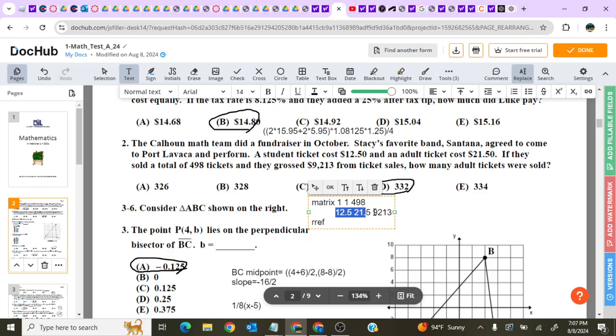Put in the matrix again, and you will get the value of the cost of the adult ticket should be the one with the second. You see how the second line has 0, 1? This one represents the adult ticket seen here and here. That's the second one, or you can just choose the one that actually appears on the answer choices. Regardless, you get a value of 332.